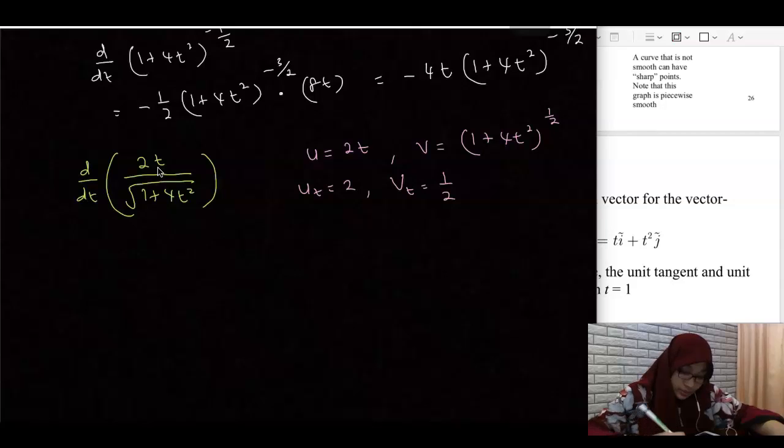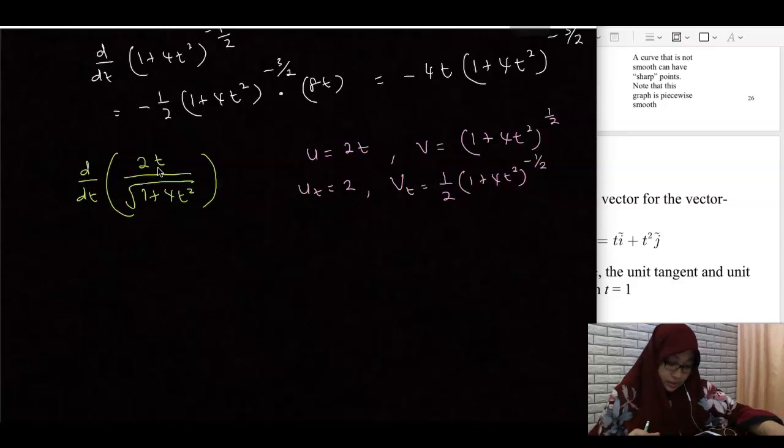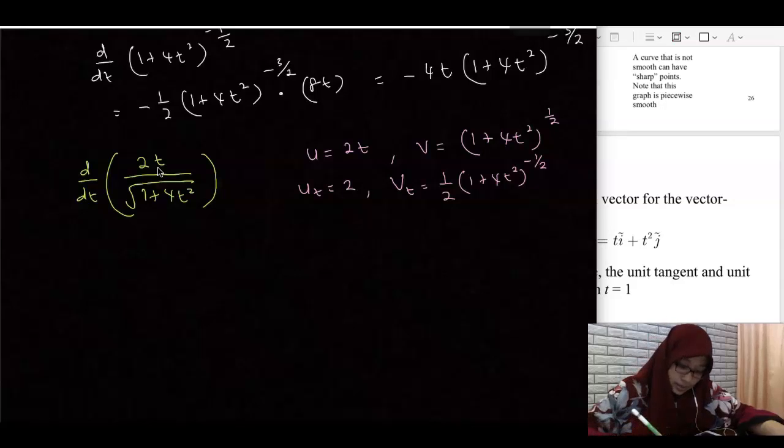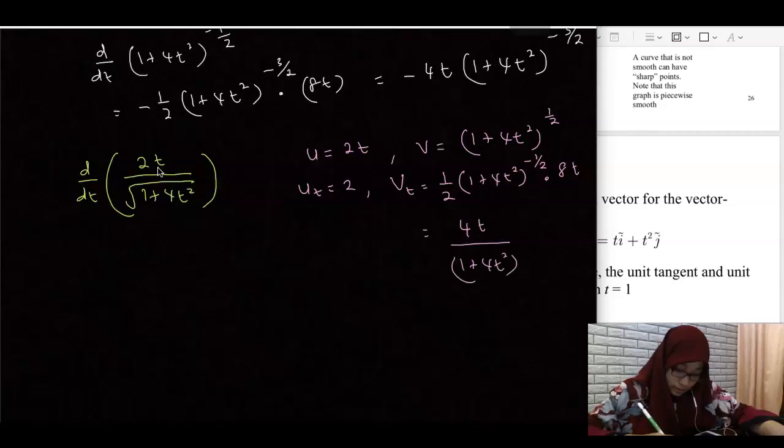Okay, 1 over 2, so (1 plus 4t squared) to the power of negative 1 over 2. And then chain rule, so we have 8t. When we simplify, we have 4t over (1 plus 4t squared) to the power of 1 over 2.